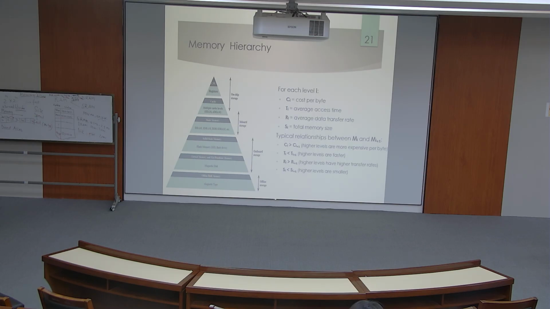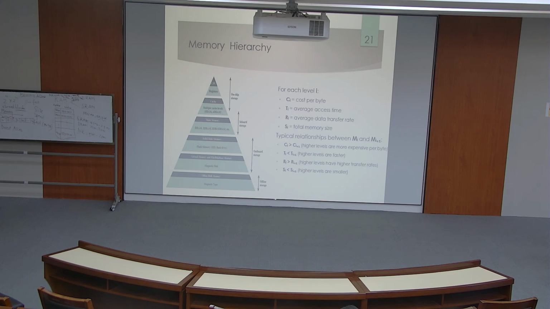Now, when it comes to the total memory size, Si, higher level memories are smaller. The register memory is smaller than the cache memory, and the cache memory is smaller than the main memory, and so on and so forth.